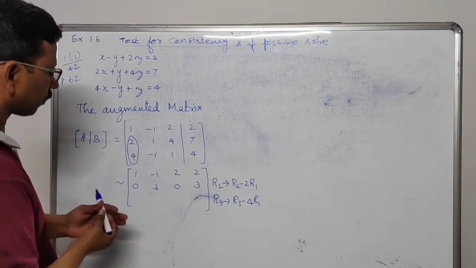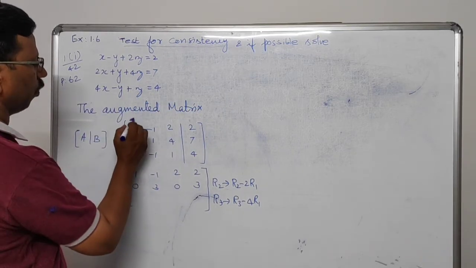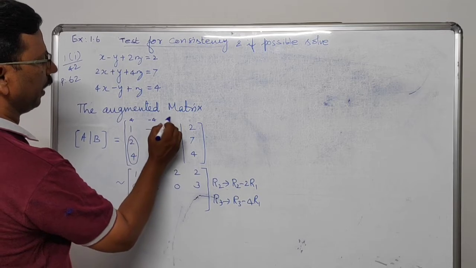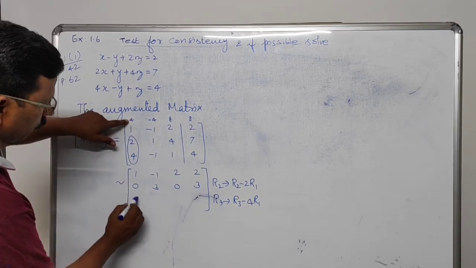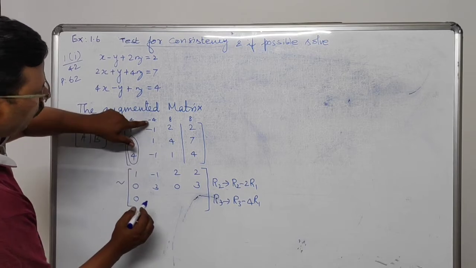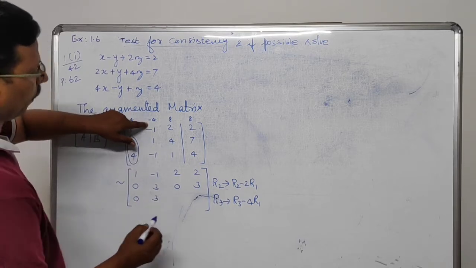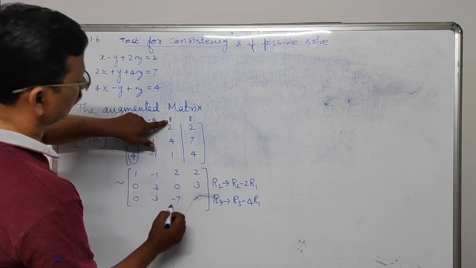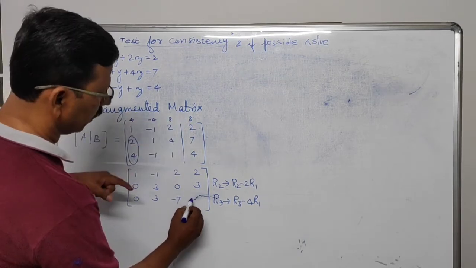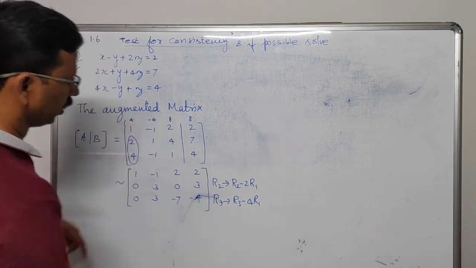You have to multiply by 4: 4, minus 4, 8 and 8. Then subtract: 4 minus 4 gives 0, minus 1 plus 4 gives 3, then 1 minus 8 gives minus 7, then 4 minus 8 gives minus 4.